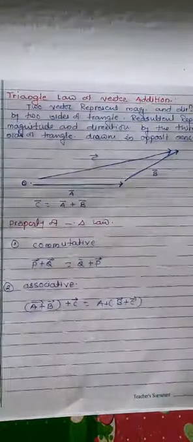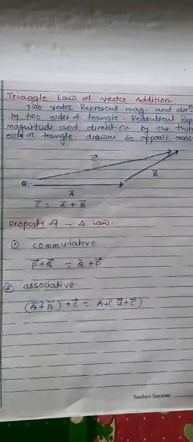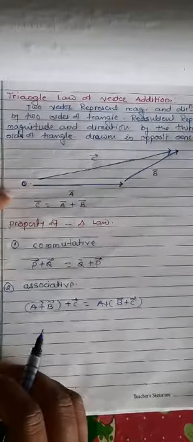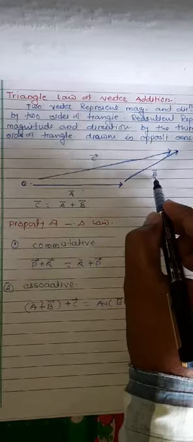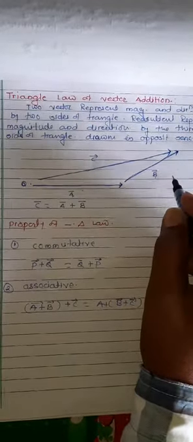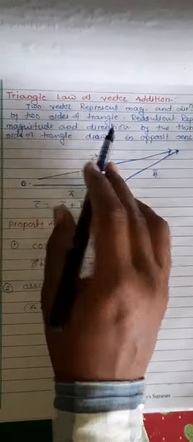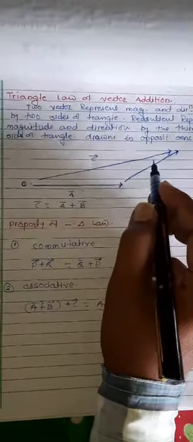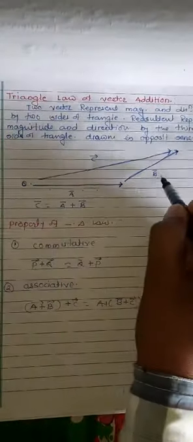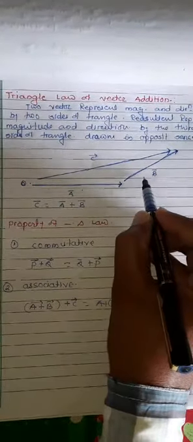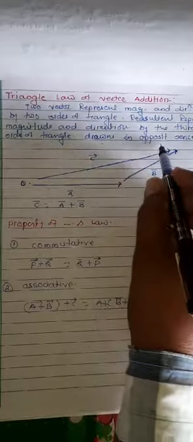The statement of the triangle law of vector addition is that if two vectors, a bar and b bar, represent magnitude and direction, then the resultant c bar also represents magnitude and direction by the third side of the triangle. If a bar and b bar are two sides of the triangle, the resultant gives the third side of the triangle, drawn in the opposite sense.